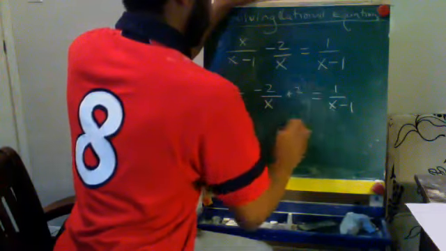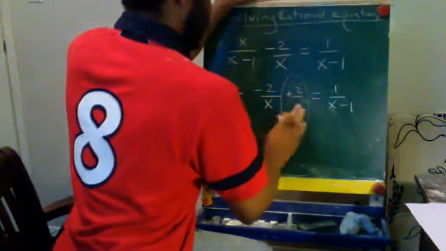I'm adding 2 over x to both sides. Let me circle what I'm adding. That's just one way to do it. I just want to feel like exploring this idea.